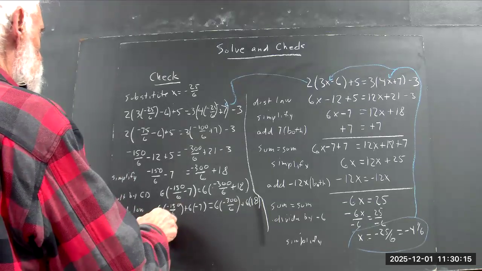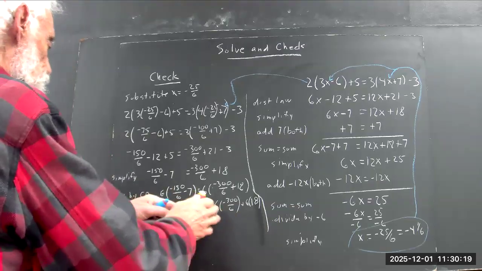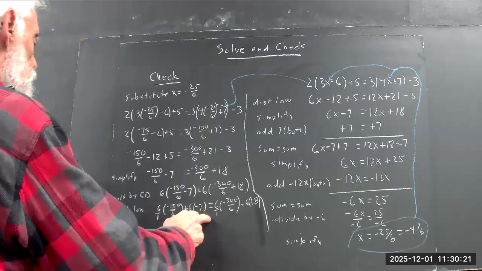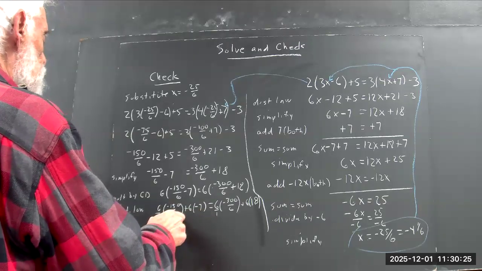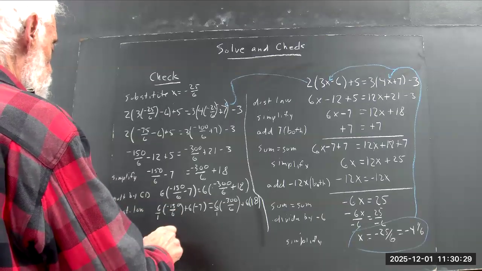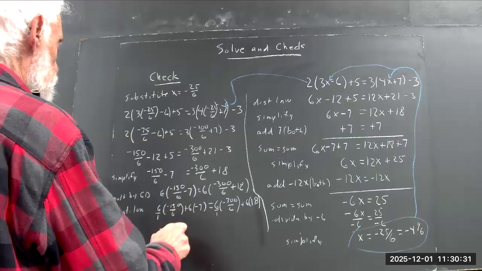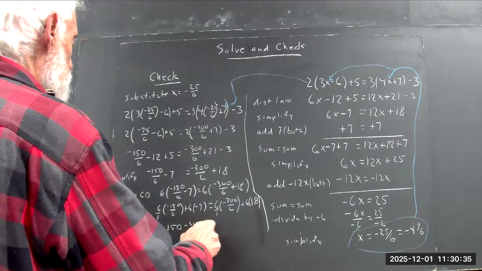Multiplying fractions, it helps to make the 6 into 6 over 1. The 6 that's multiplied by both sides here and here, to see clearly that we have a 6 in the denominator, and 6 is going to be in the numerator. And this gives us just negative 150 minus 42.